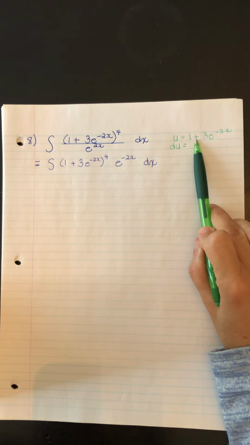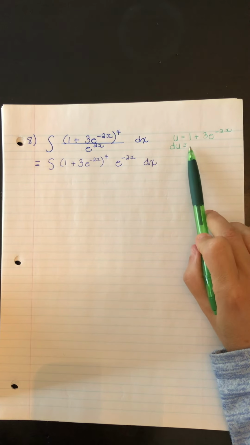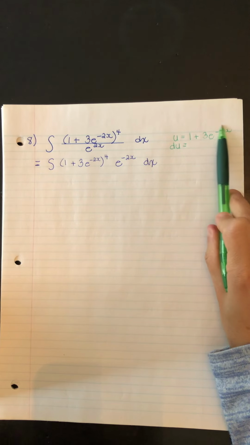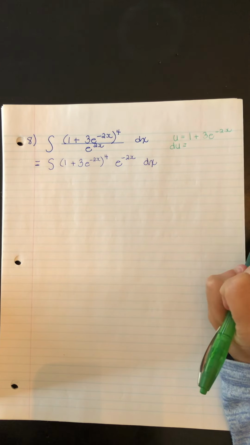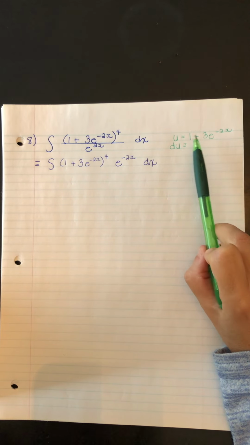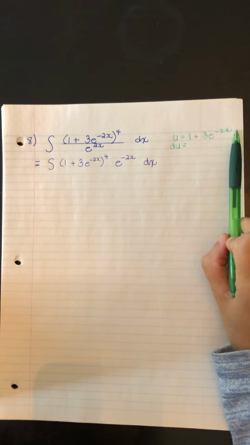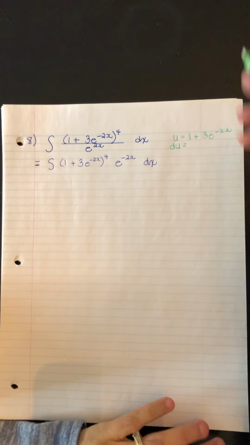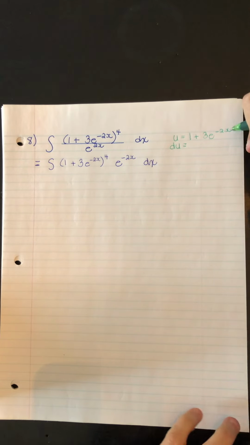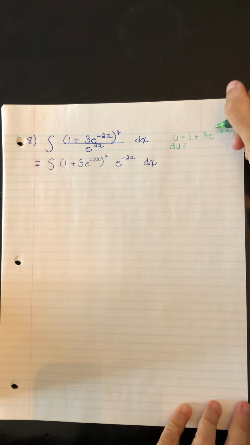So the derivative is also a sum, but it's the sum of 0 plus the derivative of this one, right? Okay, the derivative of 1 is 0. So we have 0 plus, now what's the derivative of this? So when you take the derivative of an exponential function, you multiply by the derivative of the exponent. And this exponent has a derivative of negative 2.